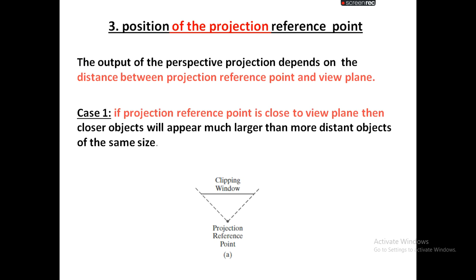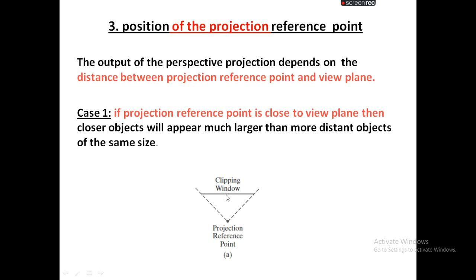As you can see in this example, we assume we kept the projection reference point here, and our clipping window is here. We have a view plane. So we assume that we kept the view plane near or closer to the projection reference point.